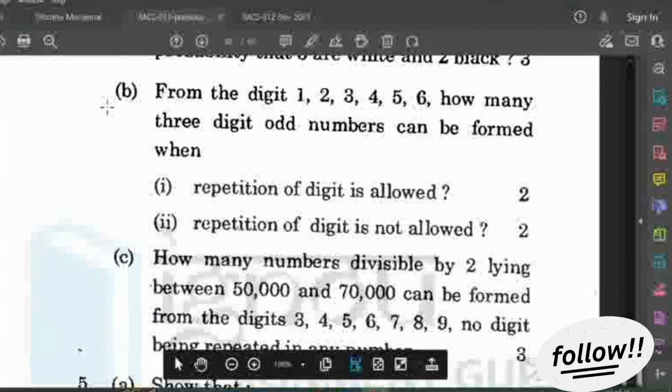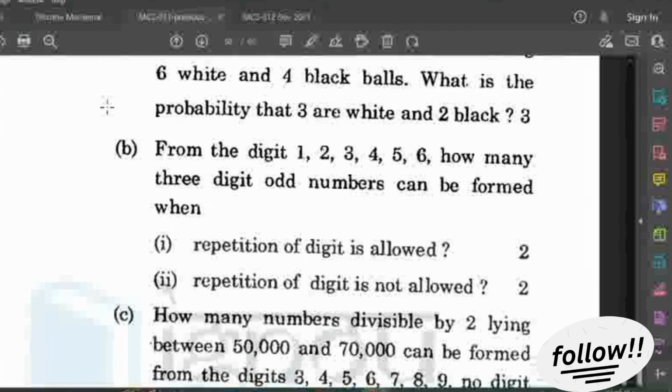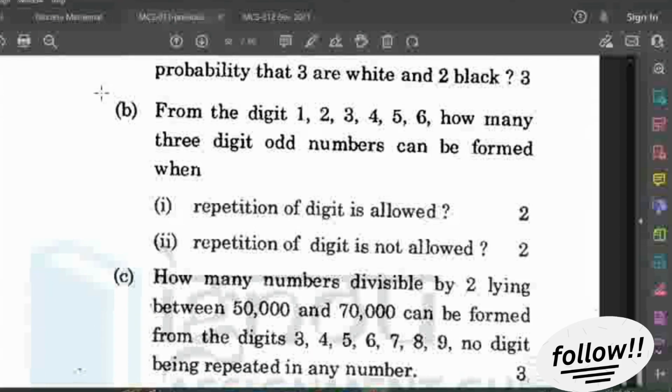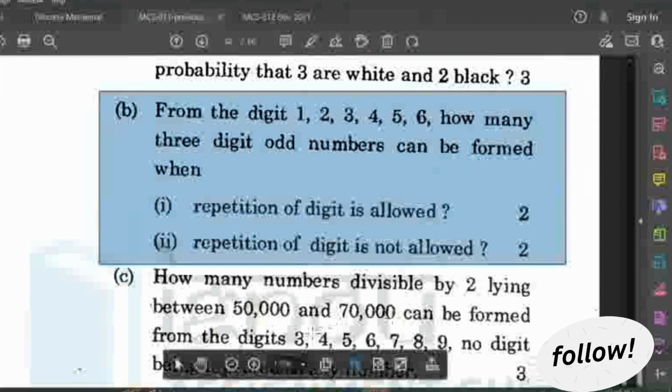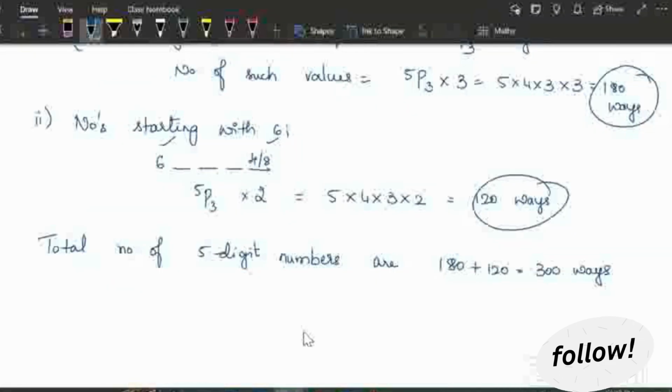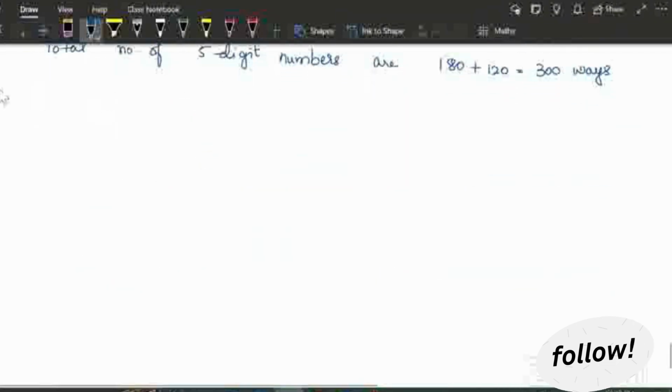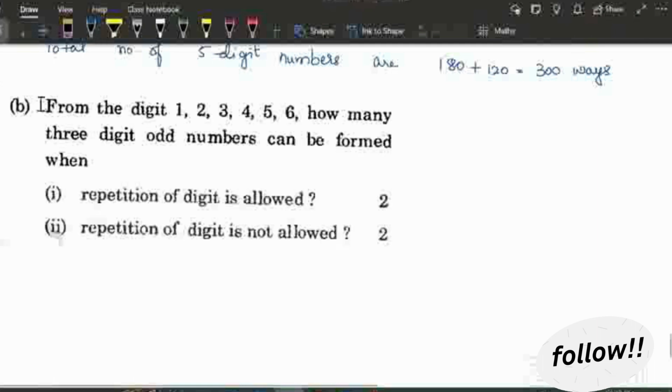We have another question which is also of permutation only. From digits 1 to 6, how many 3-digit odd numbers can be formed when repetition of digits is allowed, and repetition of digits is not allowed?